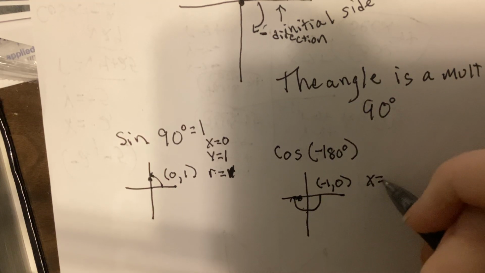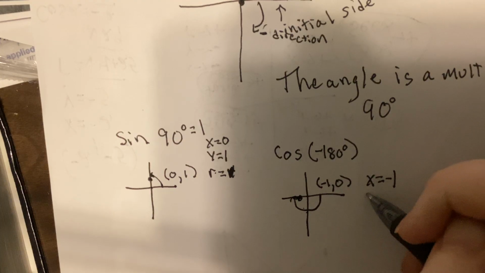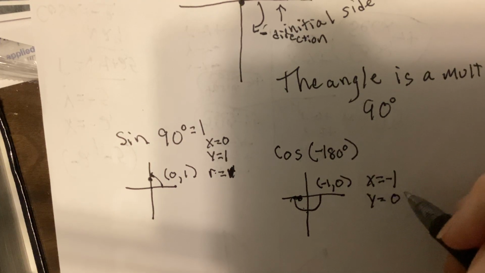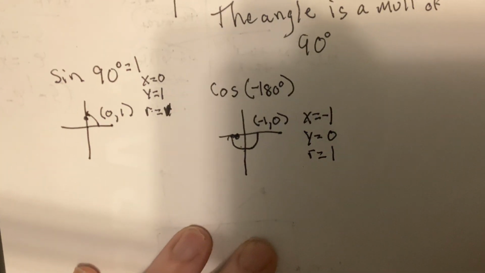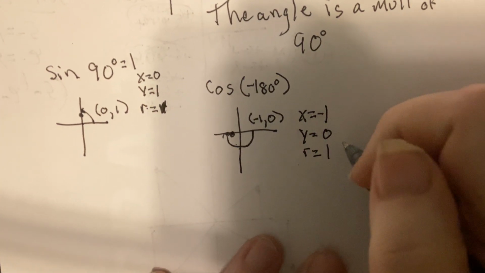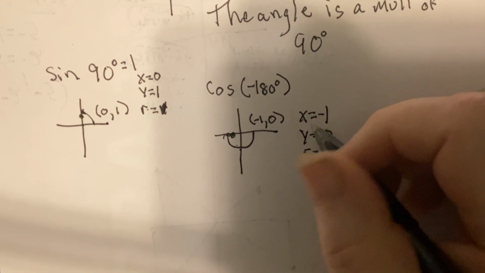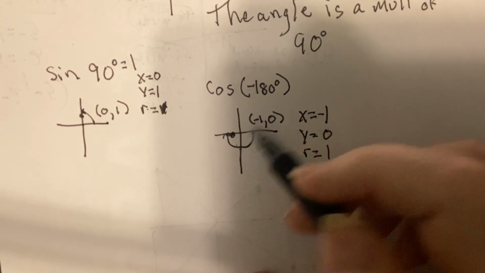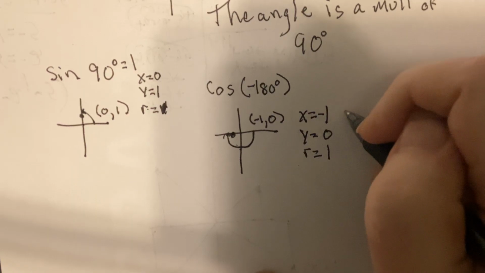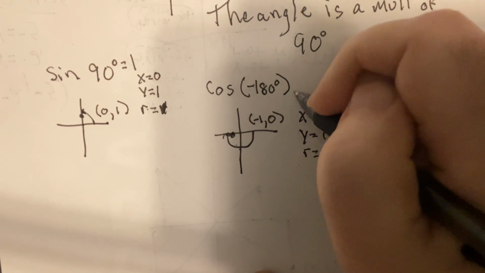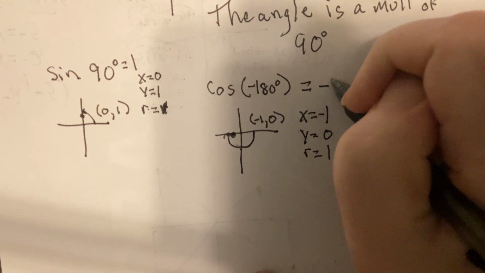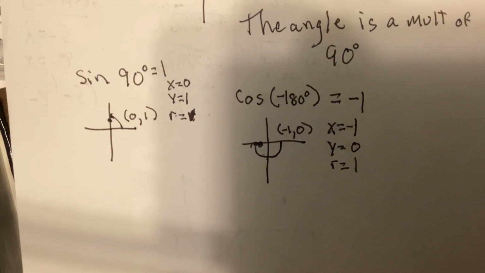So x is negative 1, y is 0, and r is 1. Remember, r is always positive. It's 1 unit from the origin in this case. So cosine is x over r. So cosine of negative 180 would be negative 1 over 1, which is negative 1.